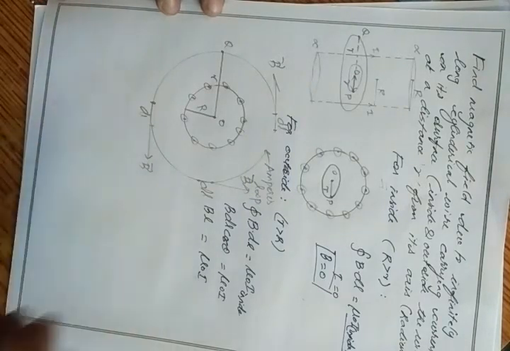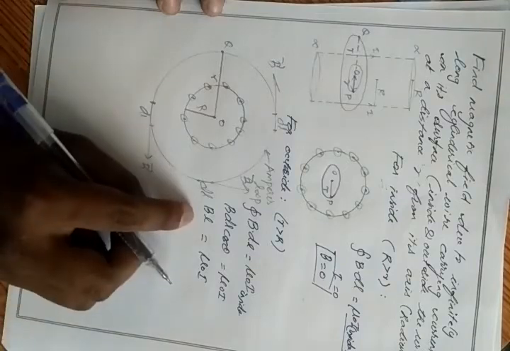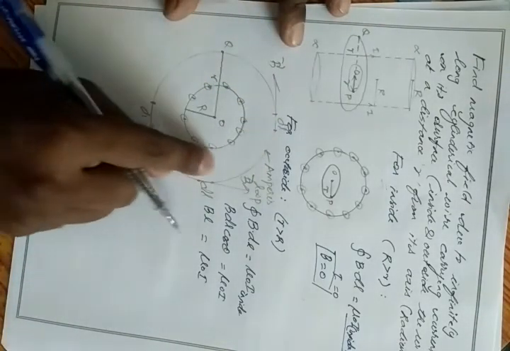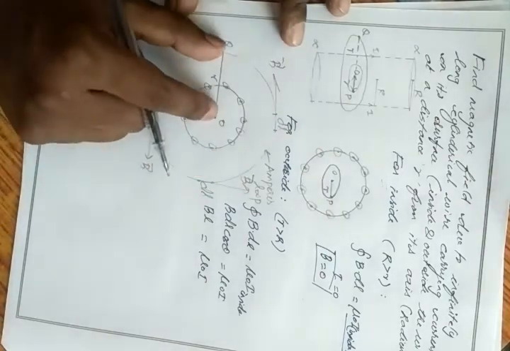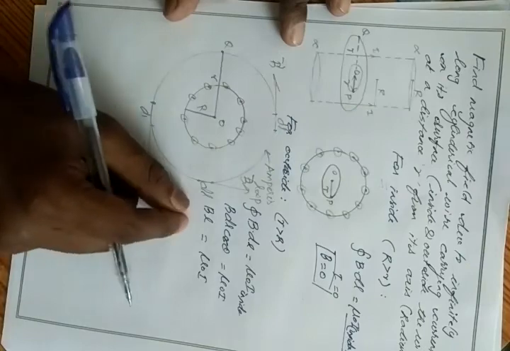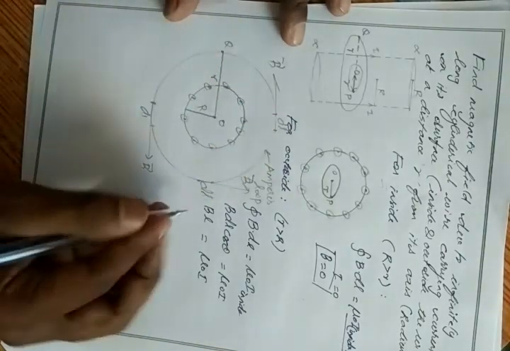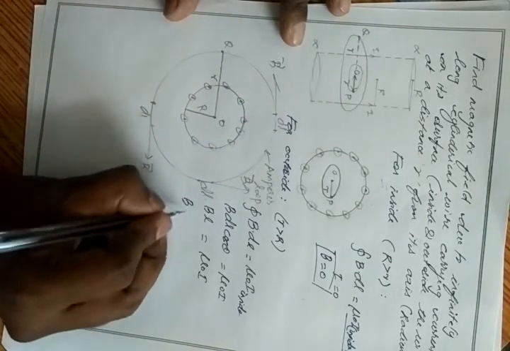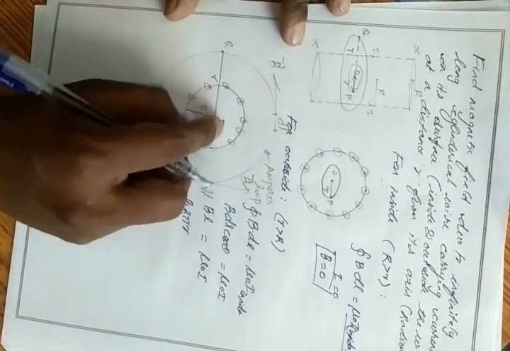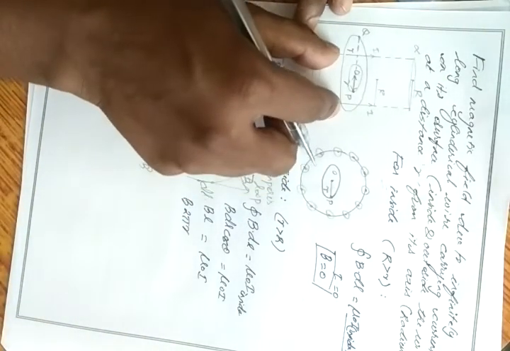So what is L here? L means the length of the loop. We know the length is the circumference of the circle, which will be taken as 2 pi r, not capital R, because capital R is the radius of our cylinder.